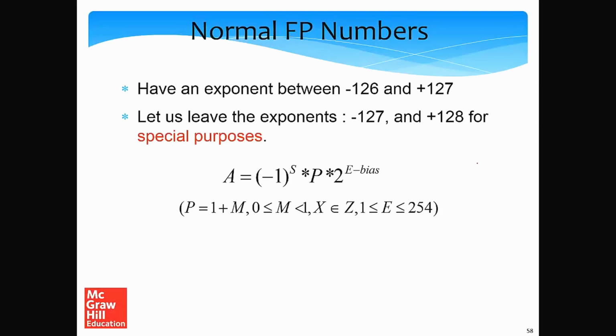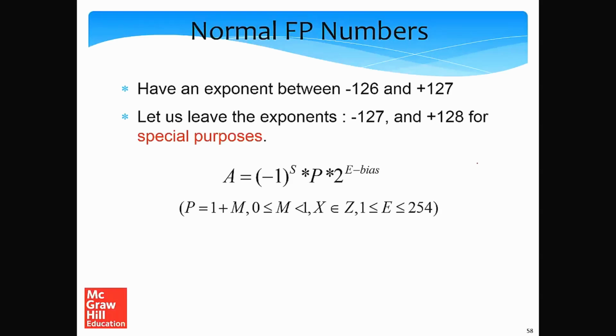Now let's consider normal floating point numbers in the IEEE 754 format. IEEE, by the way, is the Institute of Electrical and Electronics Engineers. IEEE typically makes standards and formats for representing a variety of information.